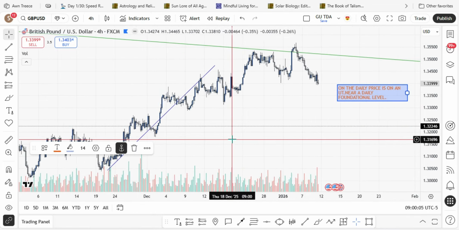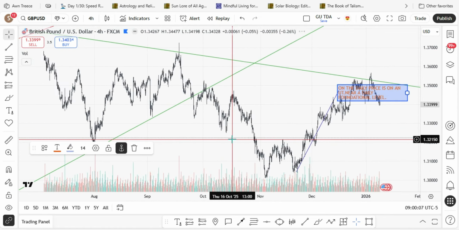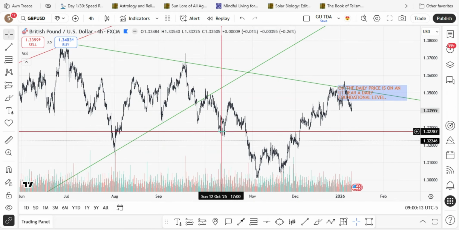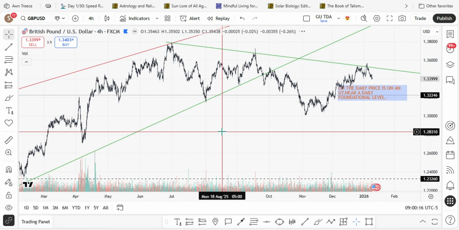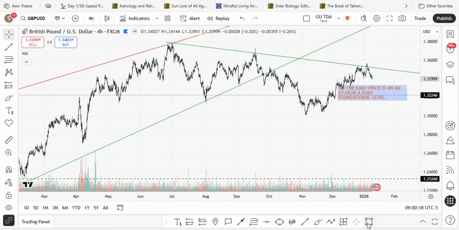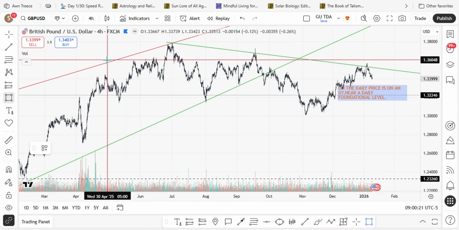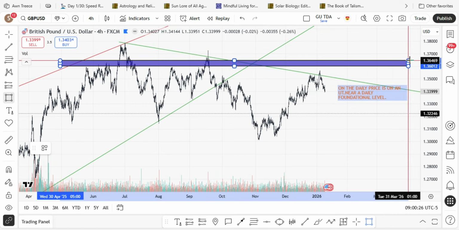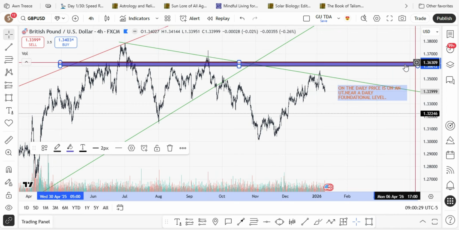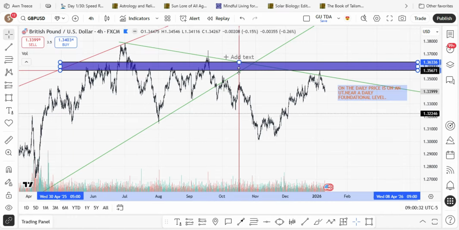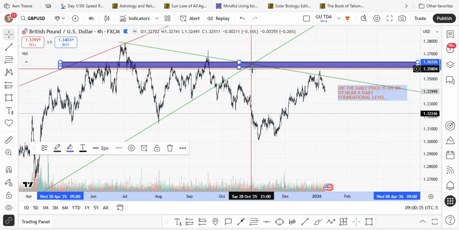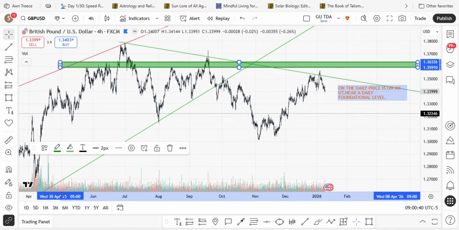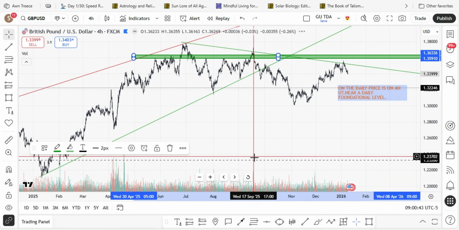Let's go to 4 hours. I don't know what that's doing there. Okay, so for 4 hours, start doing the zones. Zone there.